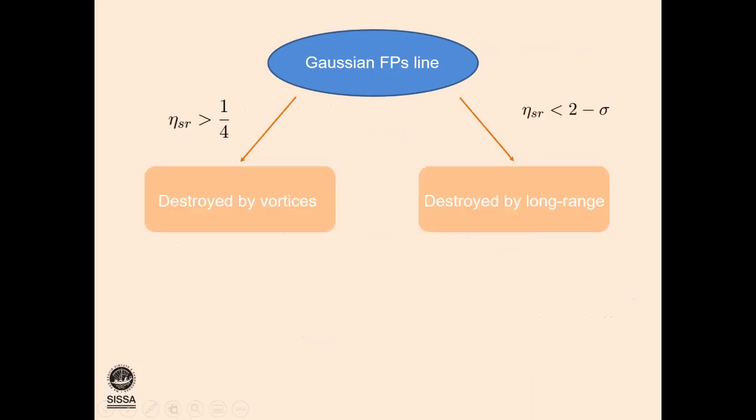That is that the Gaussian fixed point line is destroyed when eta is large, and then when the temperature is high, by vortices, and is destroyed instead by long-range perturbation when temperature is low, and then this eta is less than 2 minus sigma. That is when this long-range perturbation is relevant.